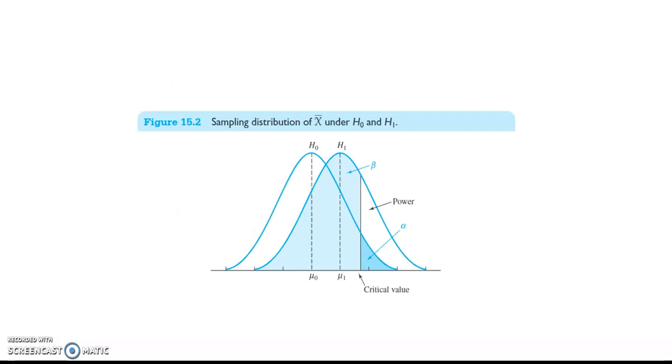There's a lot going on in this figure, but this is a visual depiction of power. These are two sampling distributions of x bar, under the null hypothesis and under the alternative hypothesis. These are the mean under the null hypothesis and the mean under the alternative, postulating that the alternative hypothesis is true, that this is actually the true mean under the alternative hypothesis.